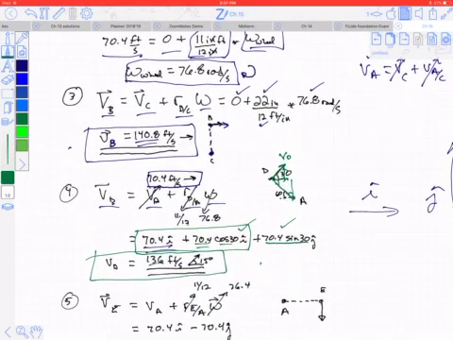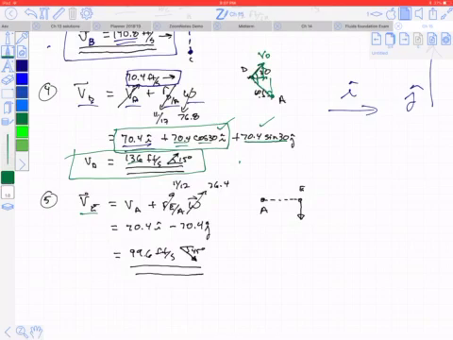So VE equals VA, again 70.4 I, plus the distance from A to E, that's the same old 11 twelfths feet, times omega, the same old 76.8 radians per second. And that VE with respect to A is going to be perpendicular to AE, or straight down. So we have 70.4 I to the right and 70.4 J down.